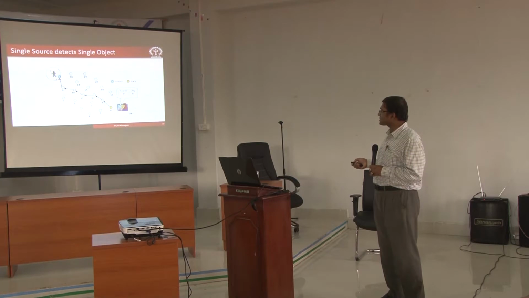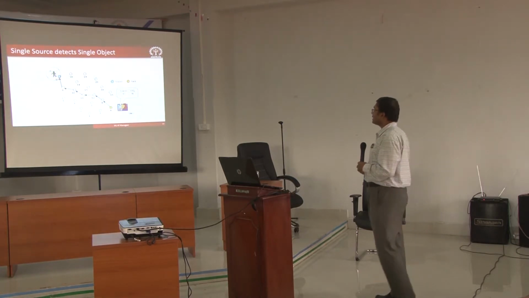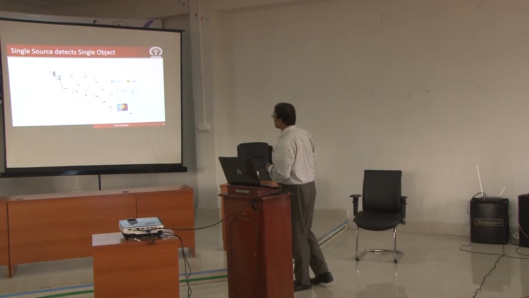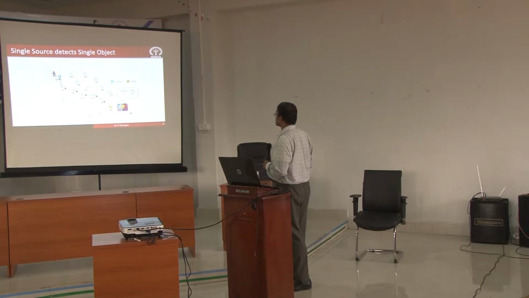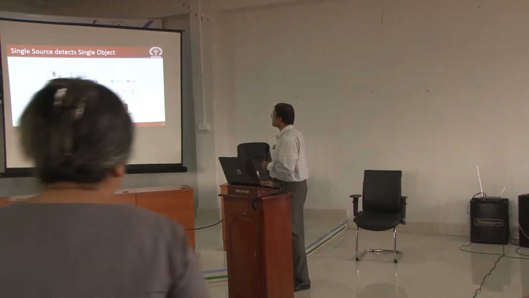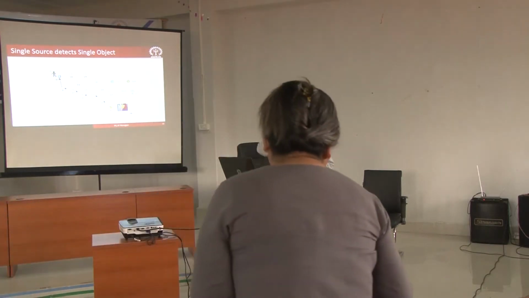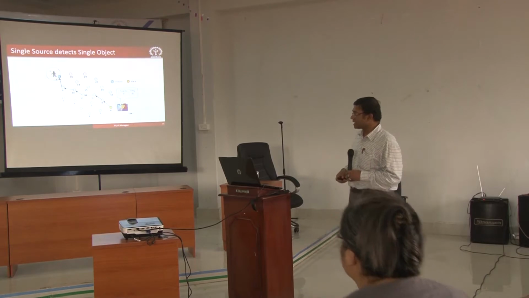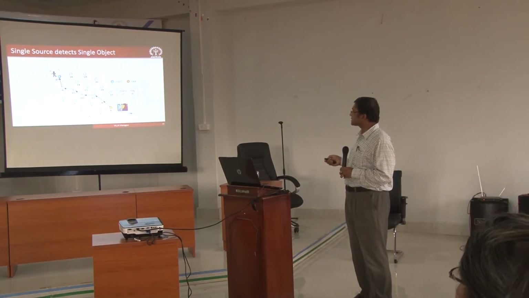The query passes through these different nodes shown in the form of arrows, and finally node 17 responds back through this particular path to the user, saying that it has sensed some human object. So this is a case of a single source detecting a single object.